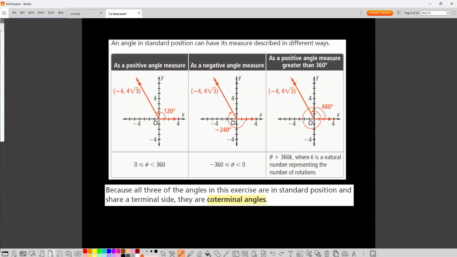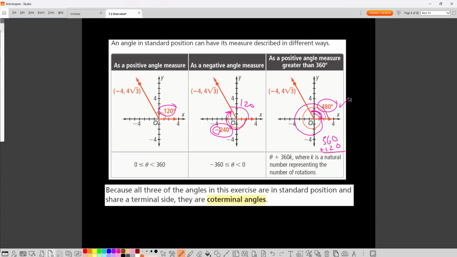And then we're always going to know that you could have a negative rotation. If this was 120, we need another 240 to make a full 360. But when you go clockwise, that's a negative measurement. And if you went around more than once, like we're showing over here, you've got a 360 plus that 120, so that's where they got the 480.